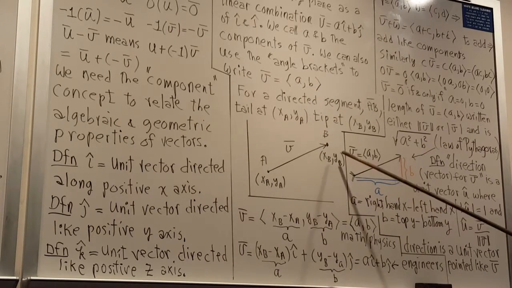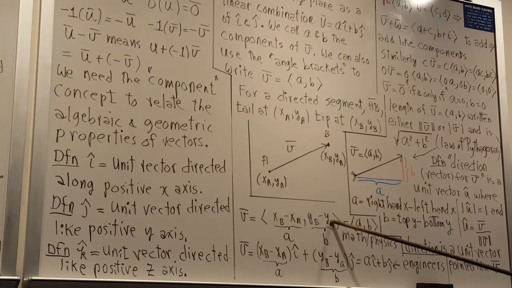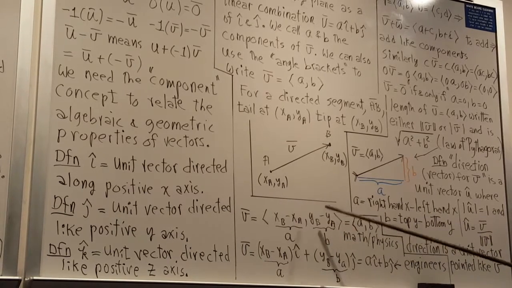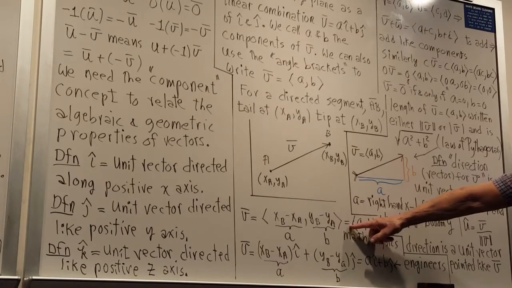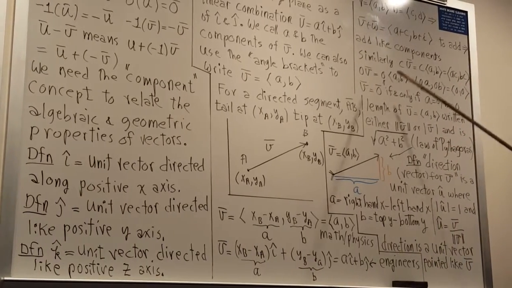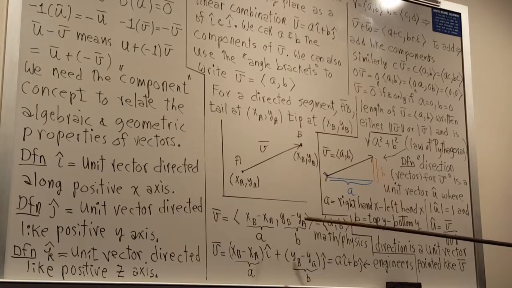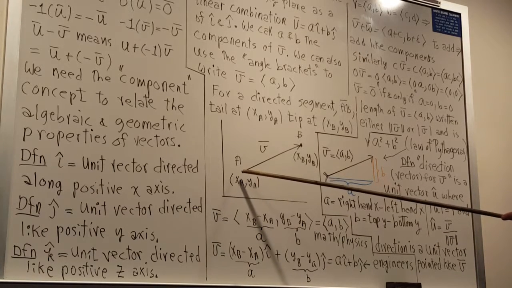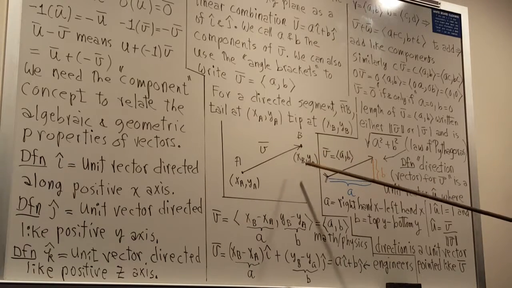And then you take the right-hand y minus the left-hand y, and that difference would be the b. It would be there, or I have it right here. So you can get the a and the b to write the vector with the angle brackets, or if you prefer, using the i and j, when you know the location of the tail and when you know the location of the tip.